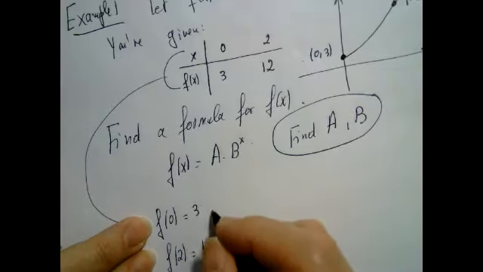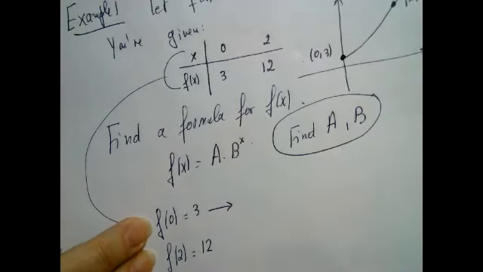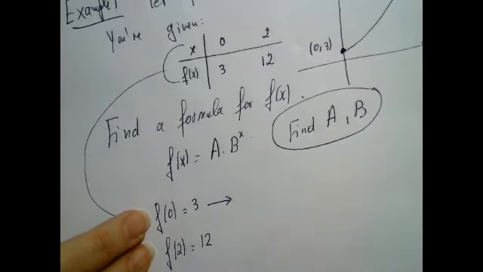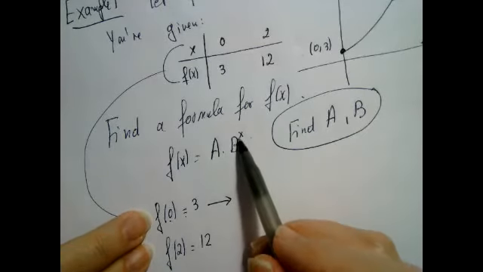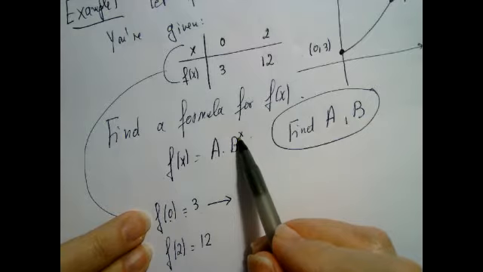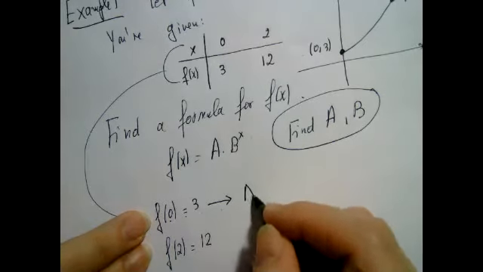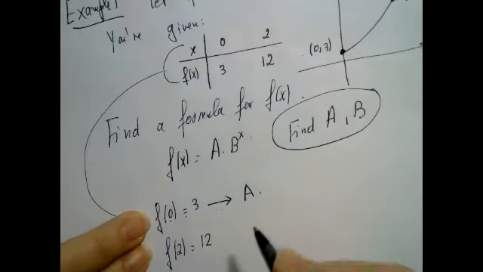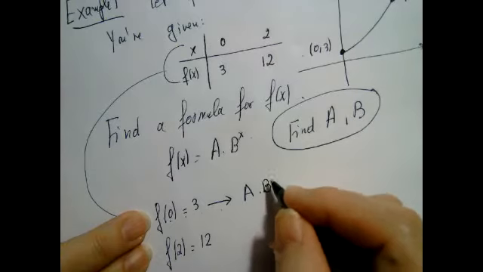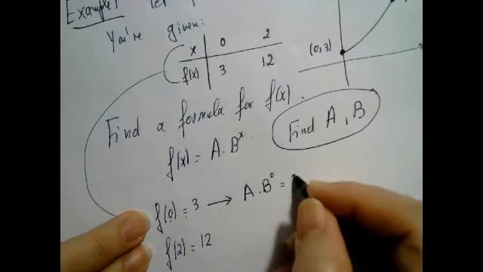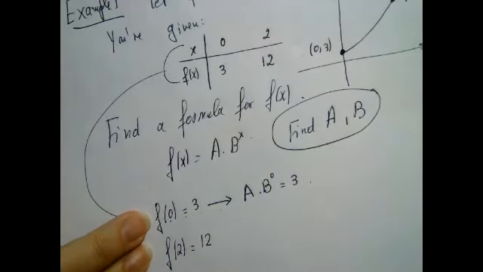All right, let us analyze. I will do the first one very slowly myself. If my function takes 0 to 3, what does it mean? If I plug in 0 for x, I should get 3. So watch how I write this: a times b to the 0 is equal to 3.